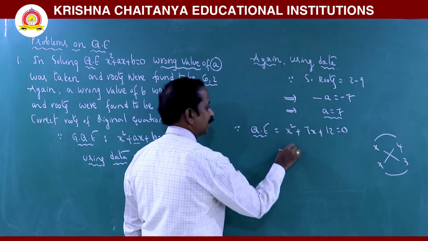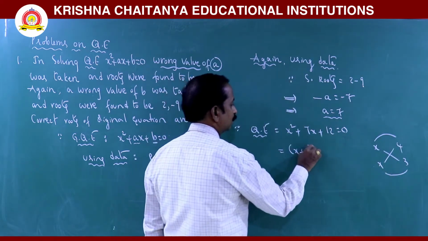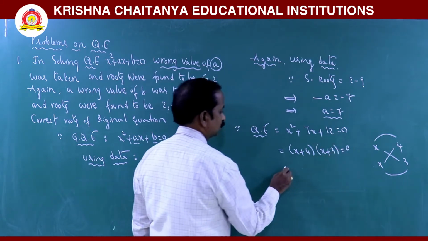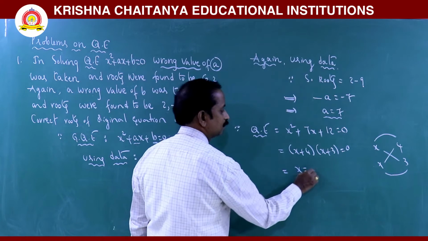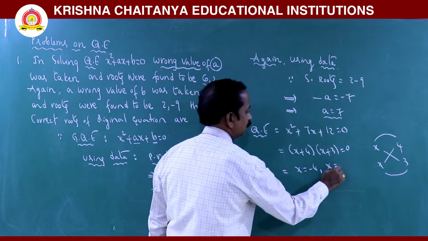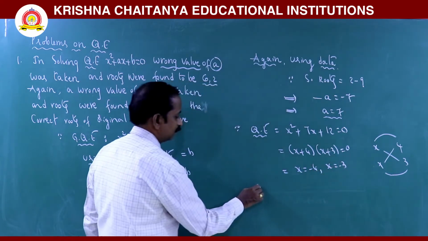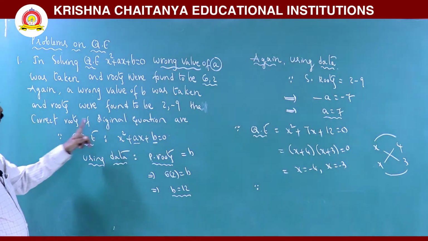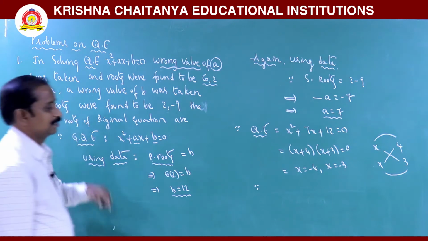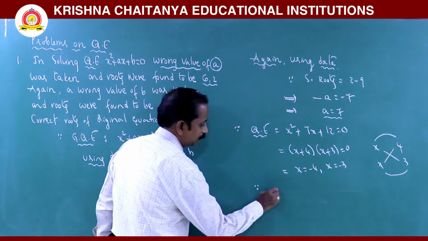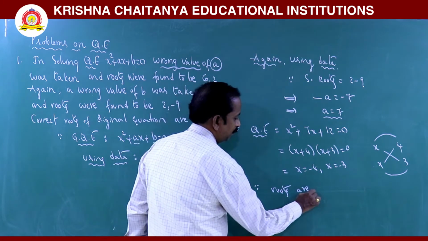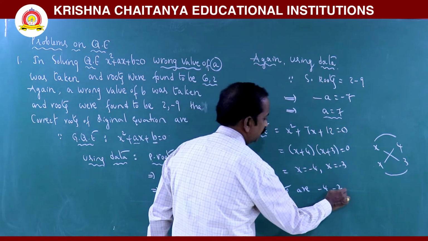Therefore, I can write x plus 4 into x plus 3 is equal to 0. So, x is equal to -4, x is equal to -3. Therefore, the correct roots of the original equation are minus 4 comma minus 3.